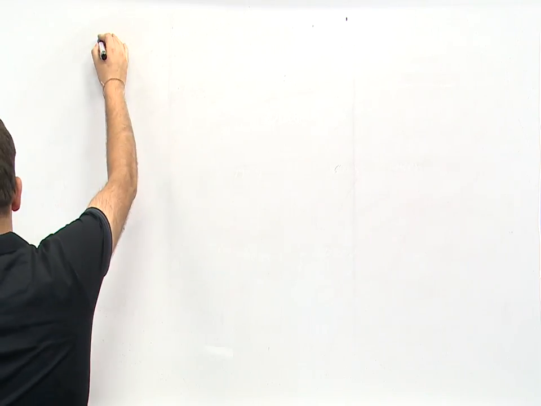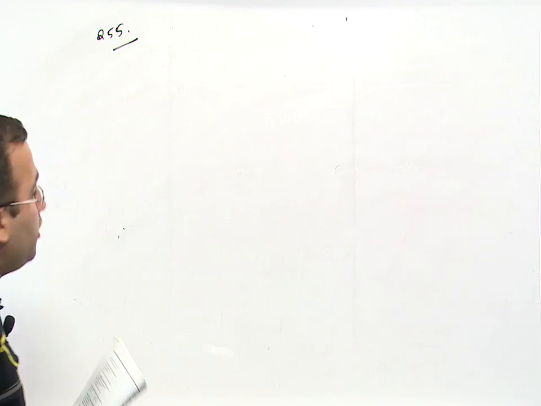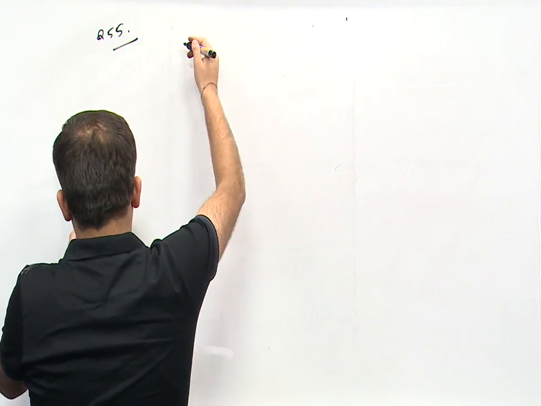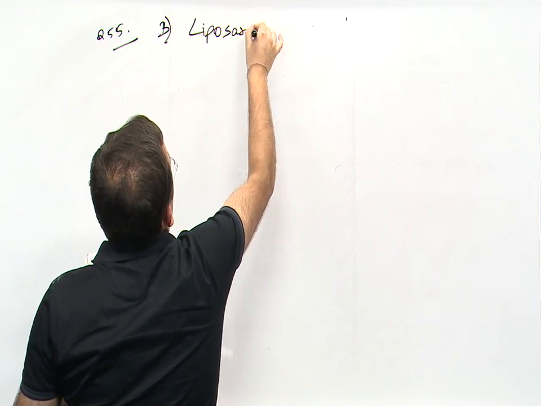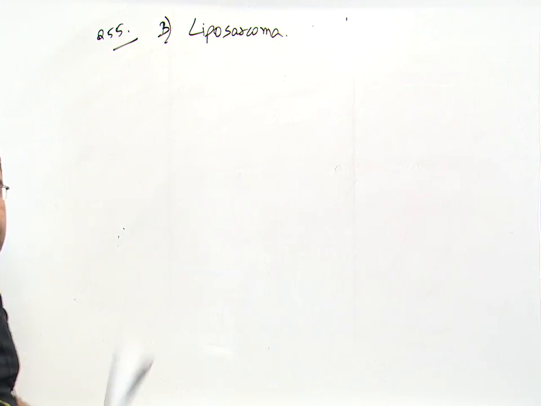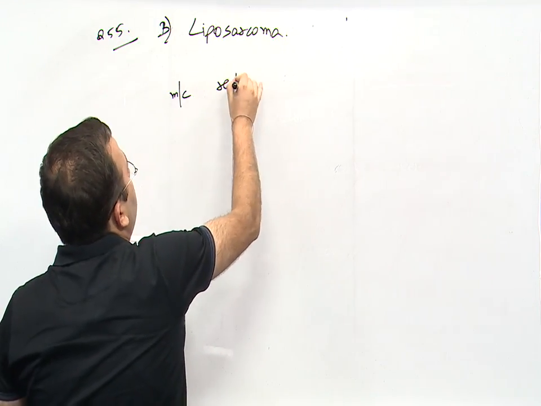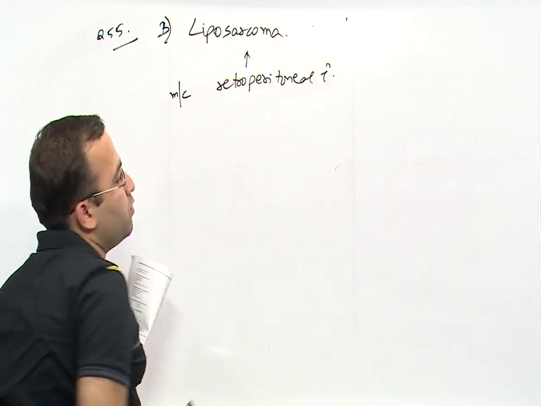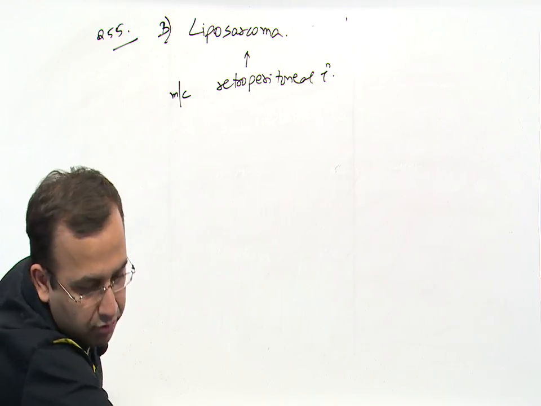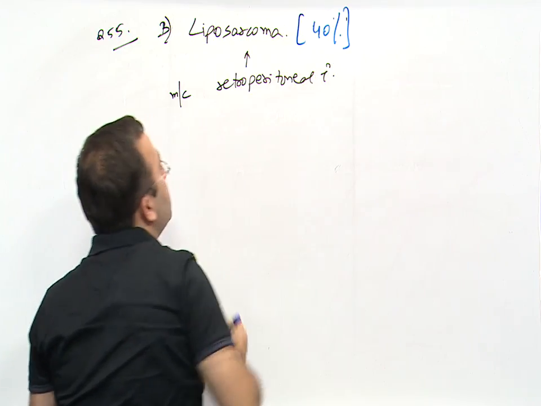This gets us to the next question, question 55. Most common retroperitoneal tumor. This is a factual question and the answer is liposarcoma. This needs to be remembered. It accounts for 40% of all retroperitoneal tumors.